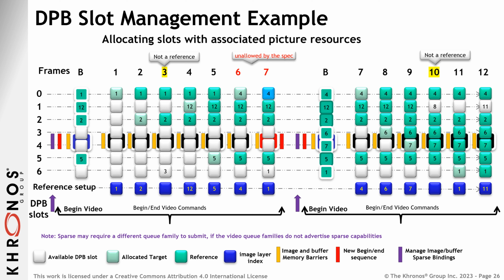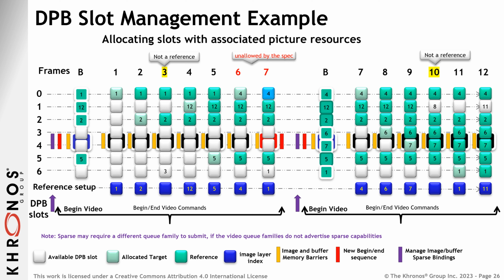All these references will have their corresponding DPB slot set to -1, which means those references are still unallocated and therefore invalid. Each recorded decode command will process one frame and generate one valid reference, except for frame numbers 3 and 10 highlighted in yellow above.